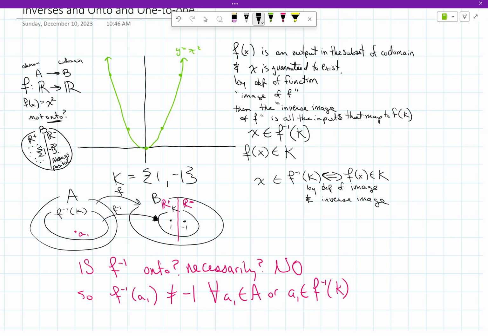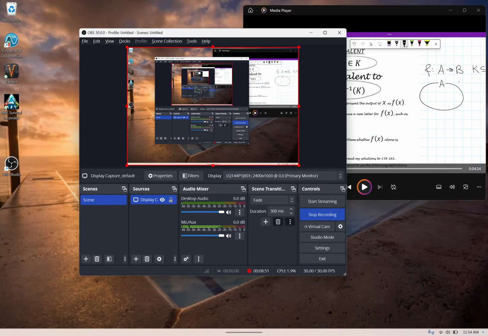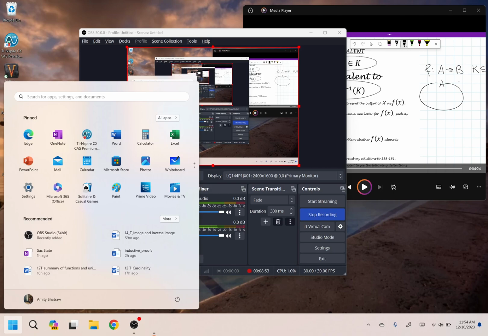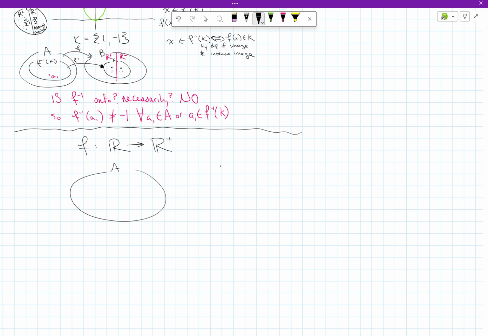So in order to make this an illustrative example, in order to even talk about one-to-oneness, we're going to have to restrict F. So you have to start with on-to. So let's have F go from the reals over to the positive reals now. And that means that here is A and here is B. And I am saying that F of A is all of B because F is on-to.